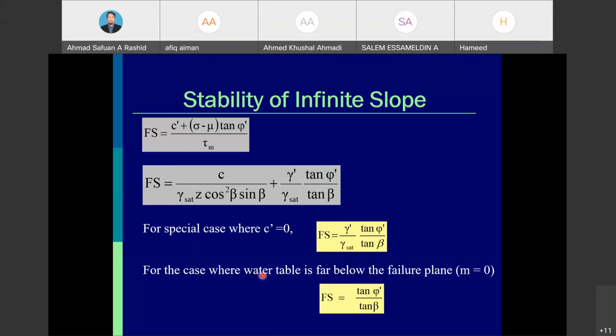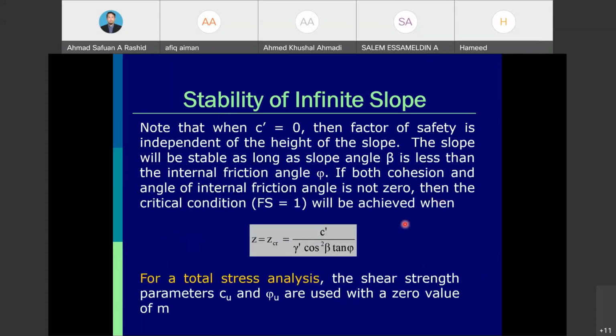For the case where the water is far below the failure plane, M is equal to 0, and it is similar to what we discussed before, where the factor of safety relies on tangent phi over tangent beta. Note that when C is equal to 0, the factor of safety is independent of the height of the slope. The slope will be stable as long as the slope angle beta is less than the friction angle.